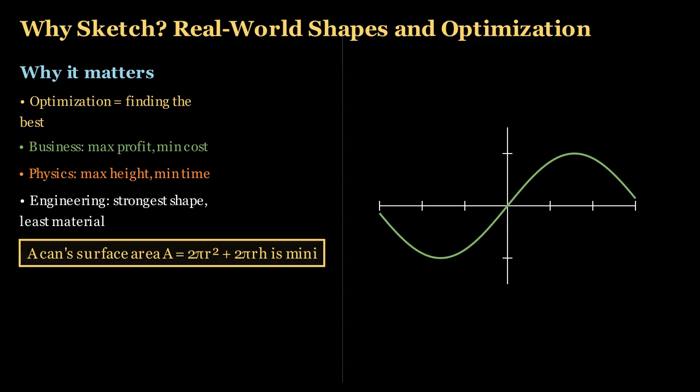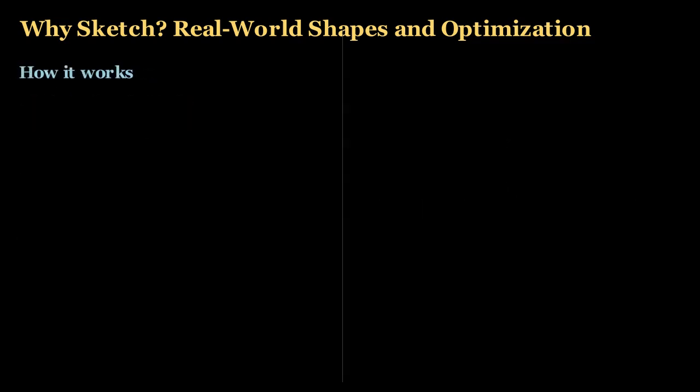First, we take a real situation and turn it into a function. Imagine we want to build an open box by cutting squares from the corners of a flat sheet and folding up the sides. The volume of the box depends on the size of the cut-out square. That is our function, volume in terms of cut size. Second, we find the derivative of that volume function.